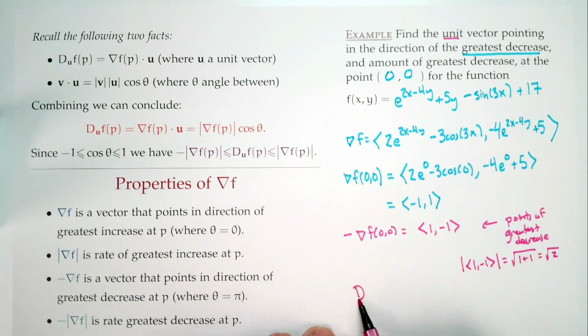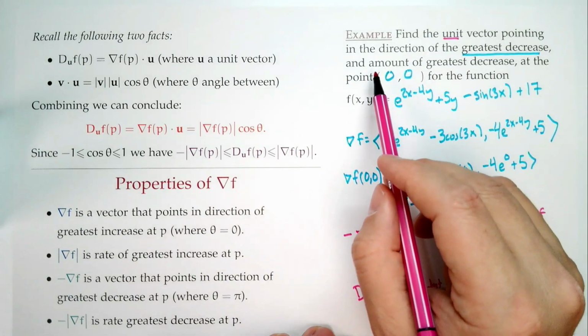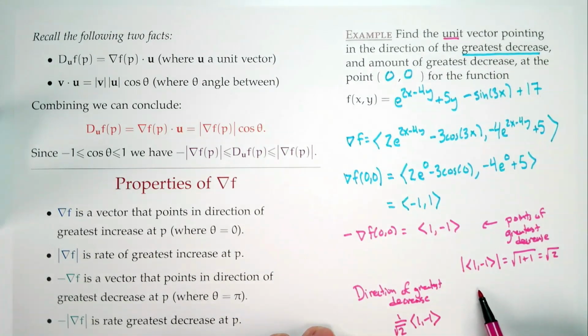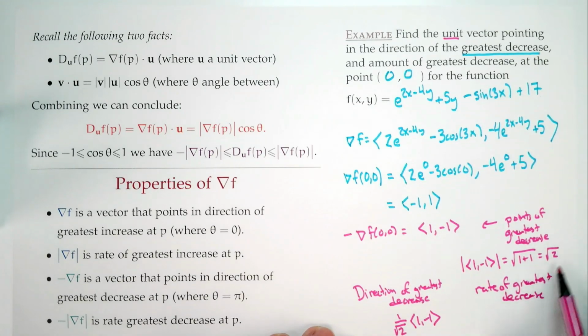So our direction of greatest decrease is the following: namely, we take 1 over the square root of 2 times (1, -1). Now remember, there's a second part, the amount, or rate, of greatest decrease. What is that? Well, it's the magnitude, which we actually computed here, and then it's a minus root 2.